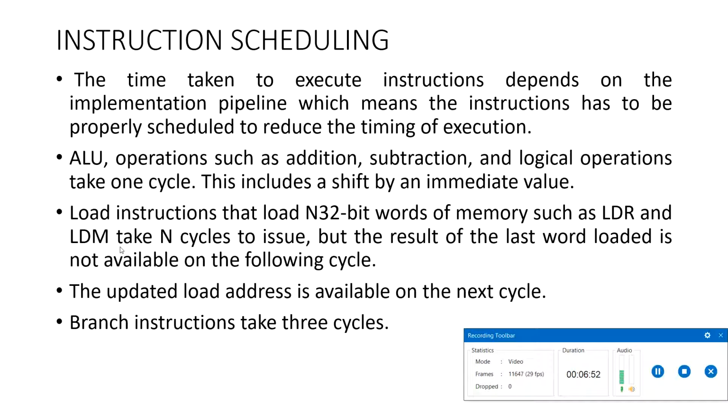If you use a smaller amount of data, it will take only as many cycles as necessary. But the point is, the result of the last word loaded is not available on the following cycle. The updated load address is available on the next cycle, that means in the next machine cycle we get that address. Branch instructions take only three cycles.